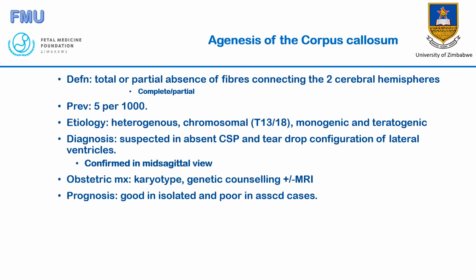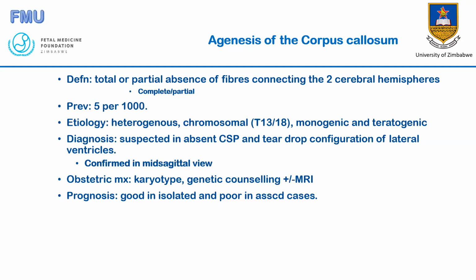In isolated cases, the prognosis is good, and it is poor if there are associations. This is why ruling out association is very important for these conditions. The neurological outcome is quite varied for agenesis of the corpus callosum, so it is a very difficult condition to counsel the parents on in terms of what will become of their child.